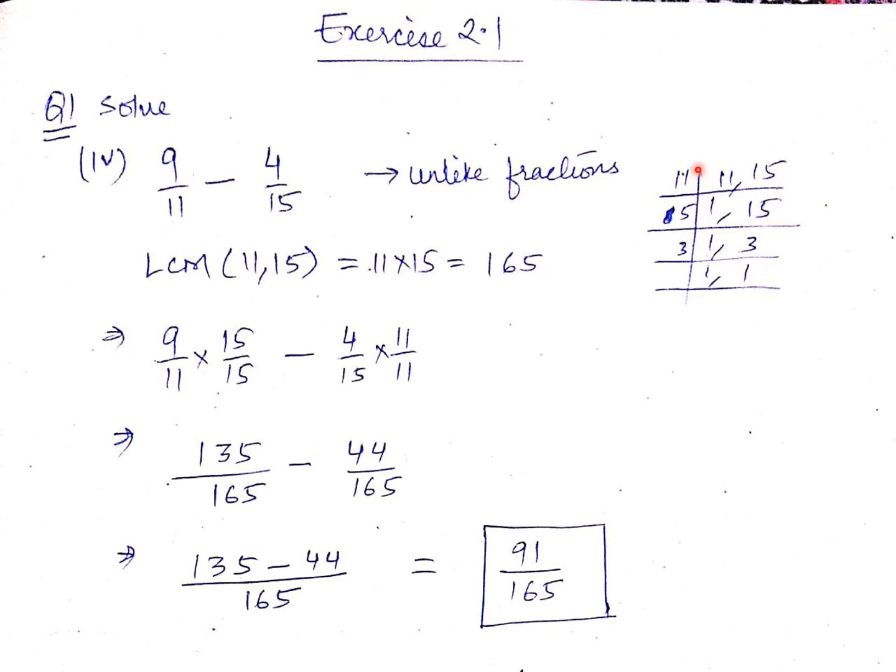So we can say 11 into 5 into 3 is the LCM of 11 and 15, which is actually the same number as 11 into 15, which is 165. So we have to make the denominator in both these numbers 165.